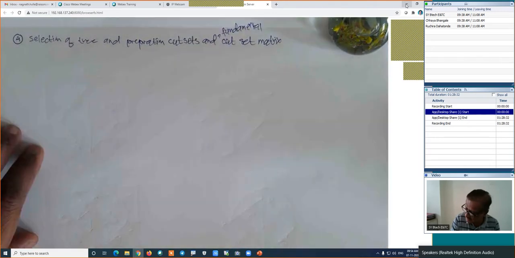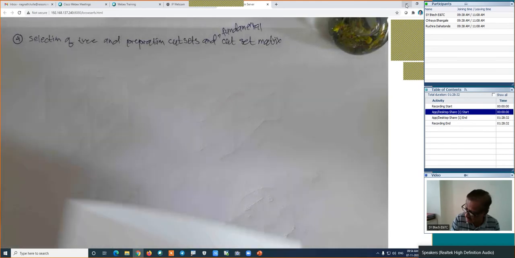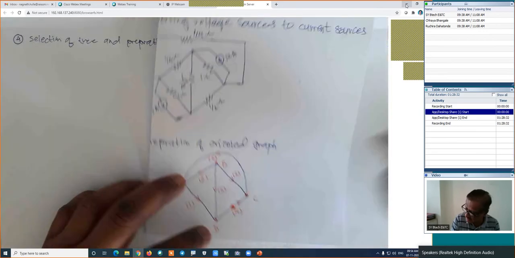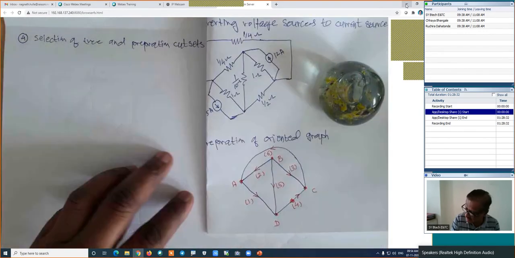Is it right? For that purpose, I will take the reference of this figure and we will draw that particular portion. Look at here. This is the oriented graph which we have prepared.